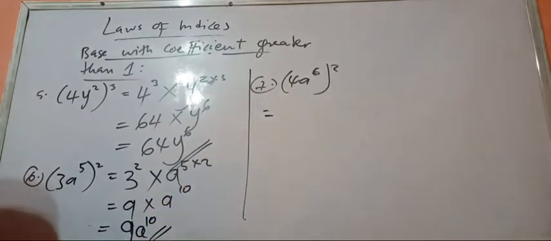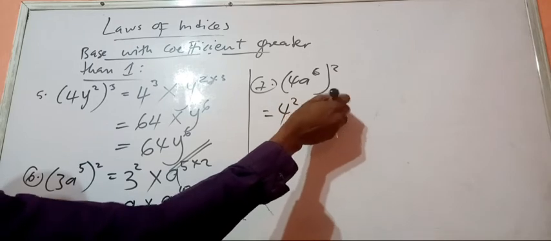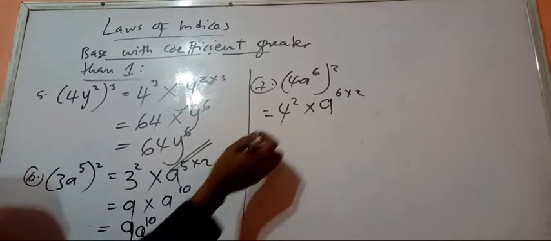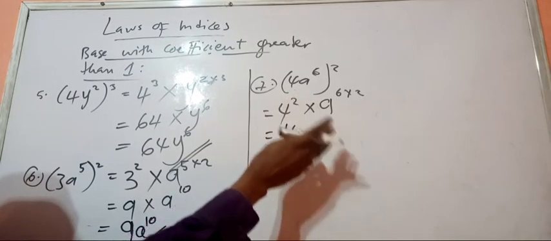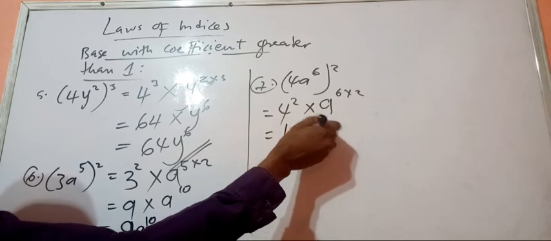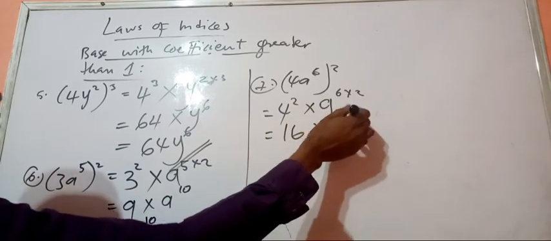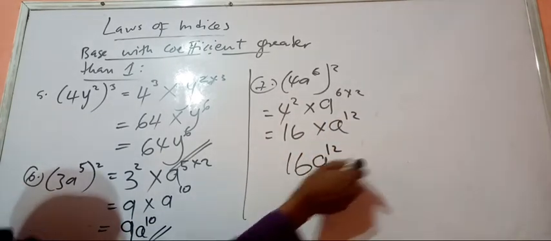So this gives us 4 raised to 2 multiplied by a to the power 6 times 2. So we have 4 times 4, 16, times a to the power 6 times 2, 12. So 16a raised to power 12.